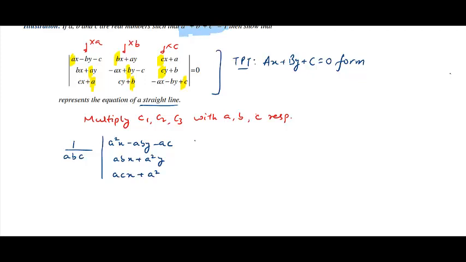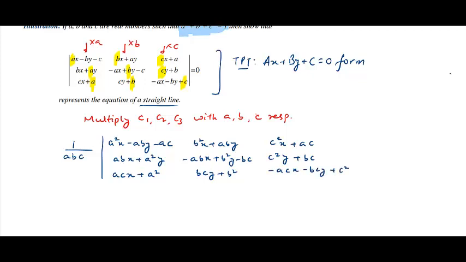Similarly, the next one becomes B square x plus ABY minus ABX plus B square y minus BCY plus B square, and then we multiply the third column with C. So we get C square x plus AC, C square y plus BC minus ACX minus BCY plus C square equal to 0. We get this step. All right.